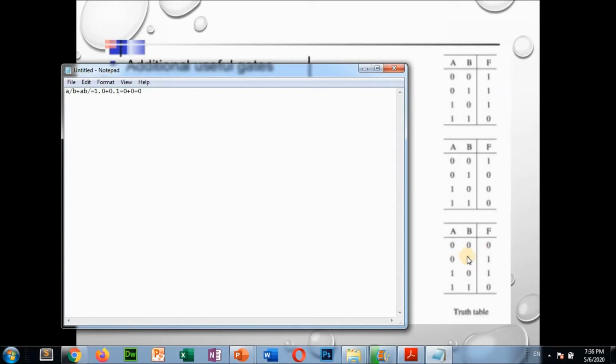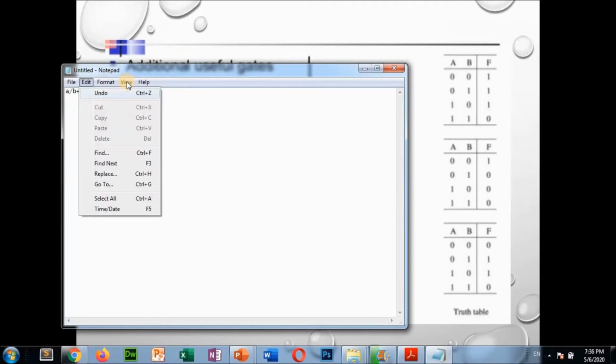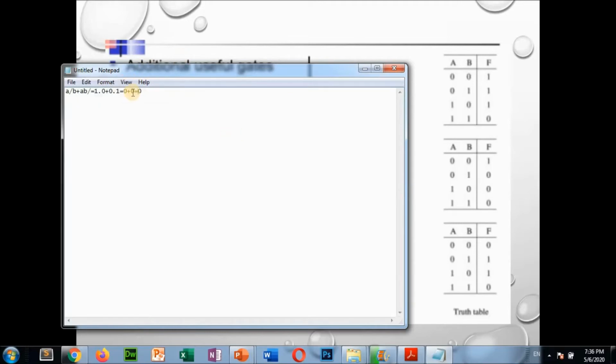So I am going to show you here. A's input is 0 and B's input is 1. Okay. So now see, A input is 0, that means you have to write the opposite, this is 1, and B input is 1 there, so here we have to write not B, this is 1.